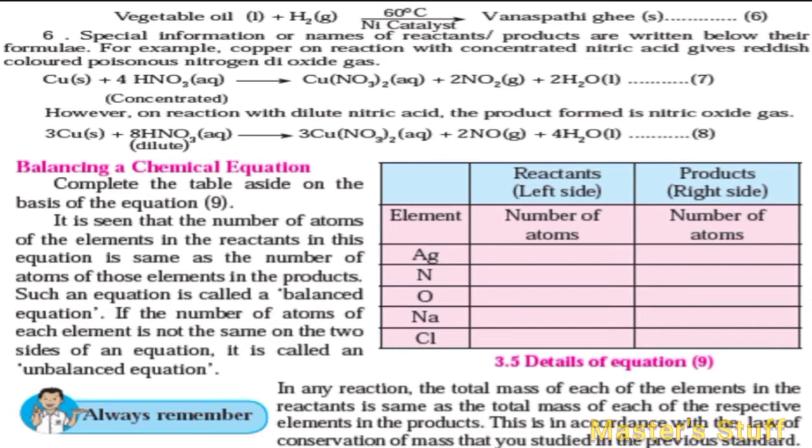The number of atoms of S, O, Zn are the same on both the sides, that is on the side of reactants as well as on the side of product. This was the example of a balanced equation.